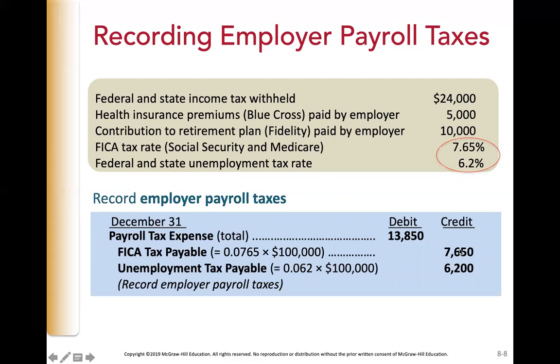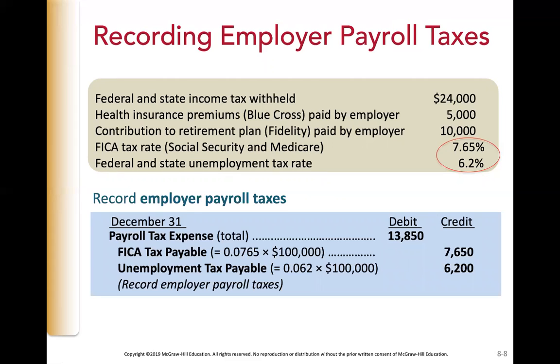The total of these two, $13,850, is a debit to payroll tax expense, not salaries expense, because this is not salaries. This is the payroll taxes on the salaries. So record your matching FICA and your unemployment to get your total payroll tax expense.